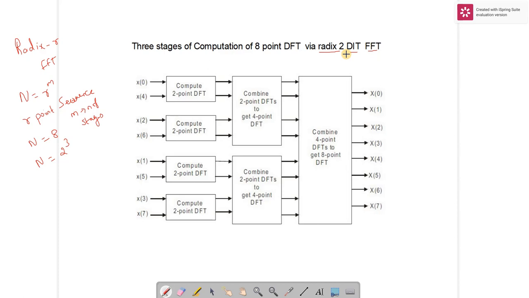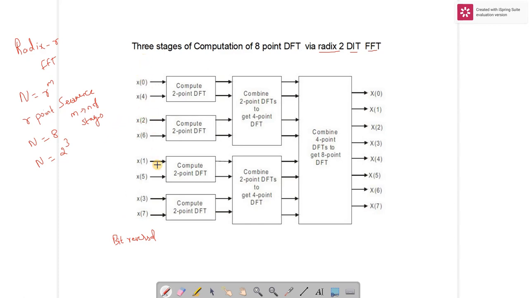As we all know, FFT consists of two types of algorithm: decimation in time and decimation in frequency. So we'll see about the decimation in time. Here first we'll be going for bit reversal. The input sequence will be in the order of 0 to 7.